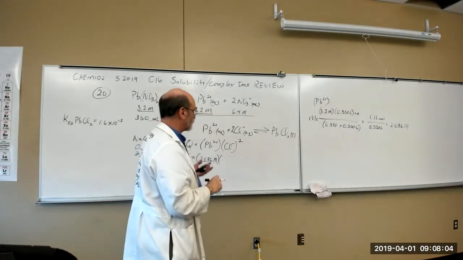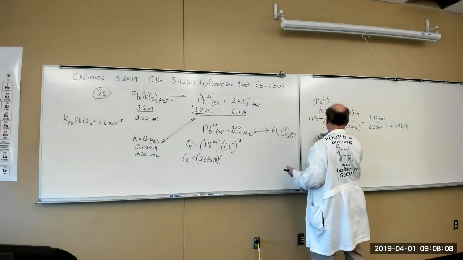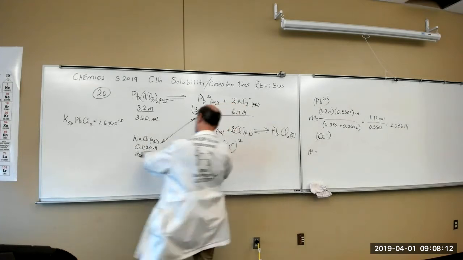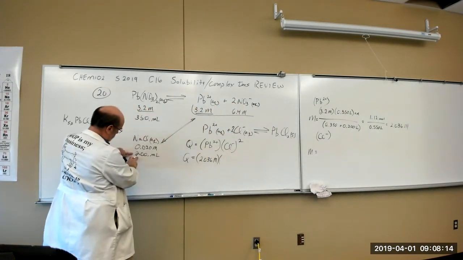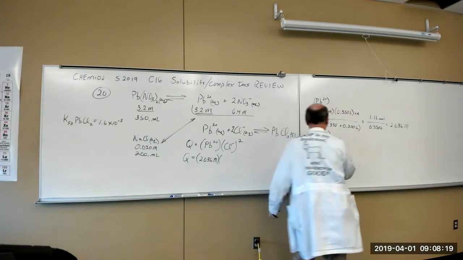Now we have to do the chloride the same way. The moles of chloride are 0.2 liters times 0.02 molar.